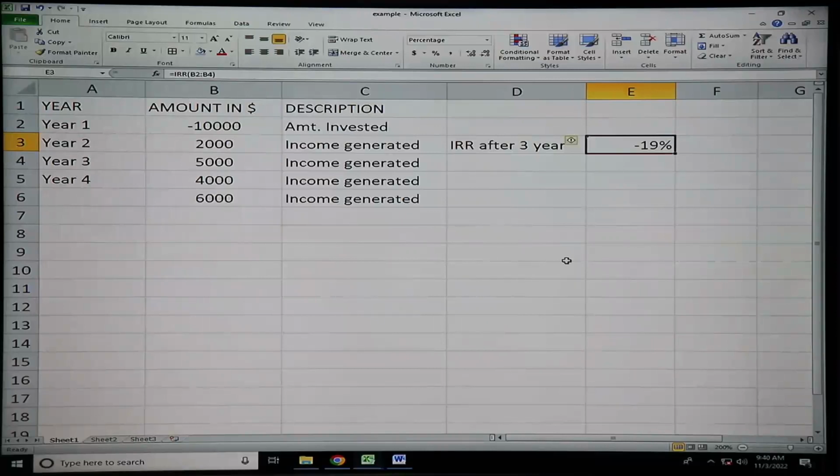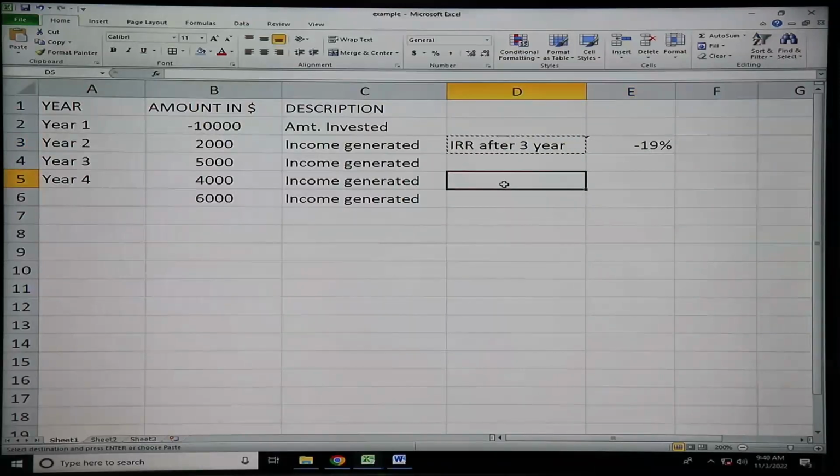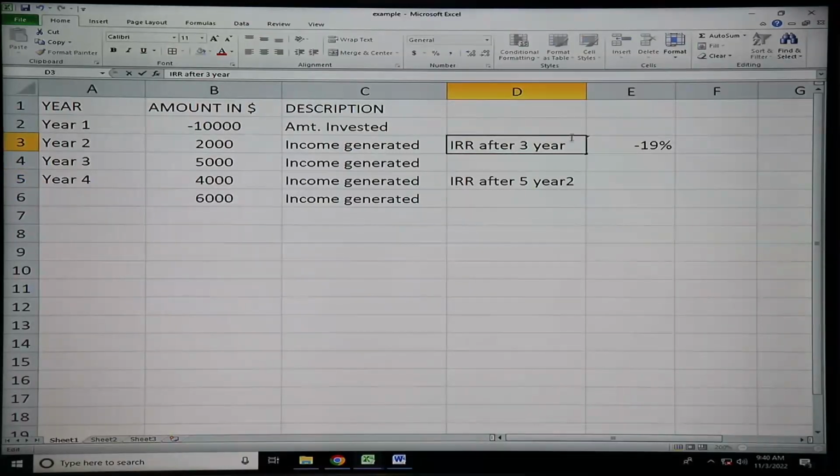So if you are to get the IRR after the 5th year, we can have it somewhere here. We want to check for 5 years. Then how will be our function and what will be the value?